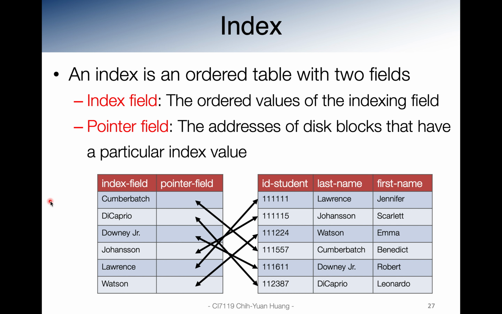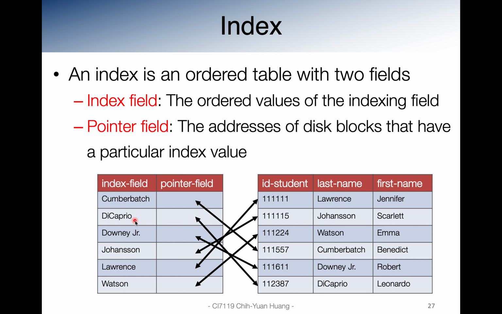And those A, B, C, D, X, Y, Z will have a pointer pointing to the first record starting from those characters. So for example, if DiCaprio over here is the first record for all the last names starting with D, then the index field D will have a pointer pointing to DiCaprio.